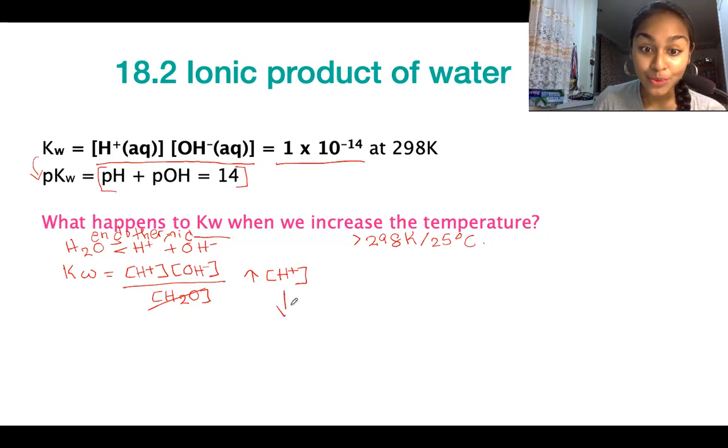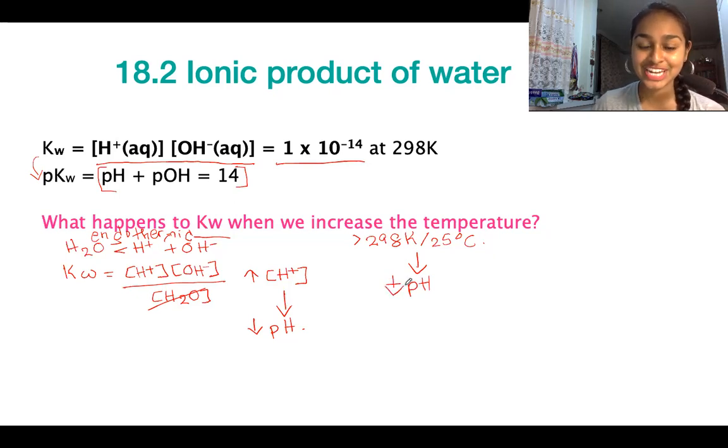And when we have a higher hydrogen ion concentration, that also correlates with a more acidic solution, which means that we're going to have a lower pH. So we know that at temperatures greater than 298 Kelvin, room temperature, our pH is going to go down. The solution is going to become increasingly acidic.